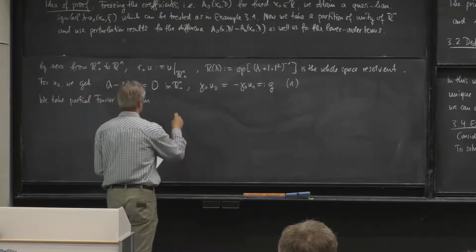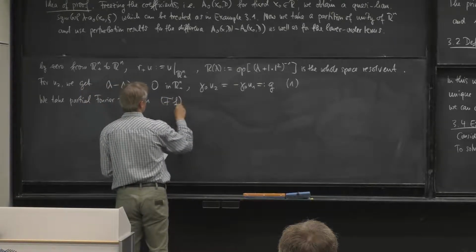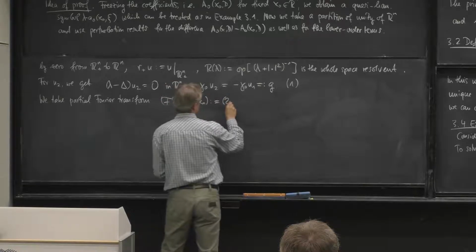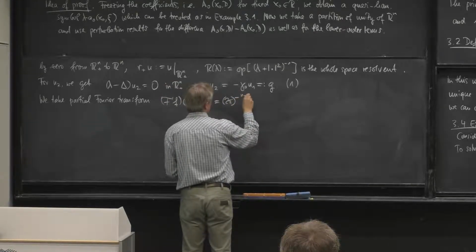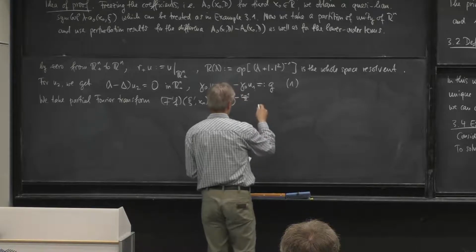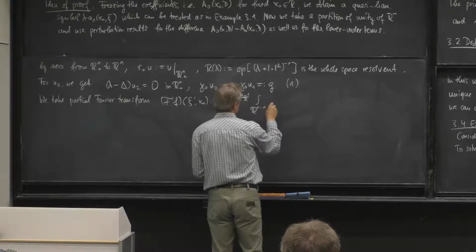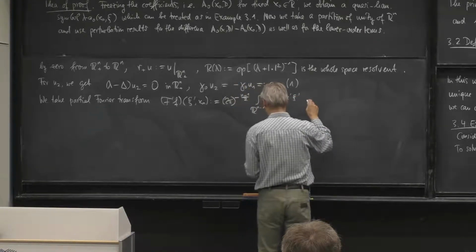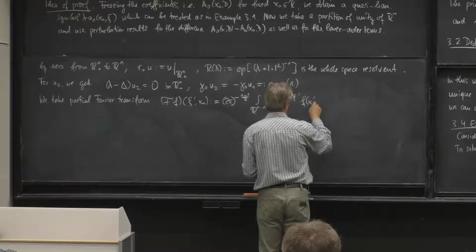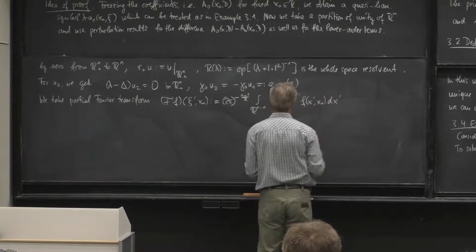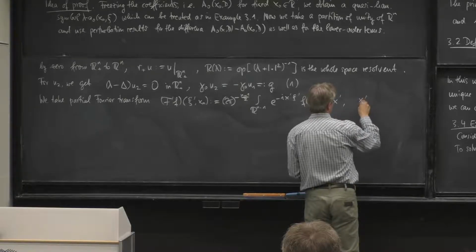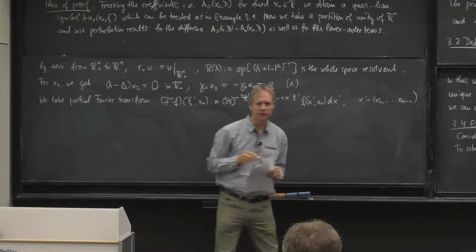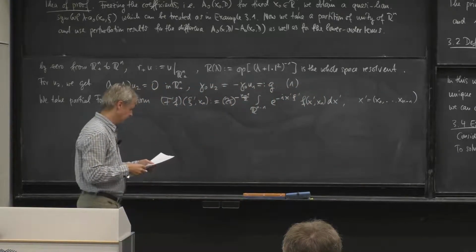I will denote this by f prime, f of xi prime xn. So this is simply the standard Fourier transform, but I leave one variable as it is. So x prime is x1 to xn minus 1, and xi prime the same, of course. So I take partial Fourier transform.